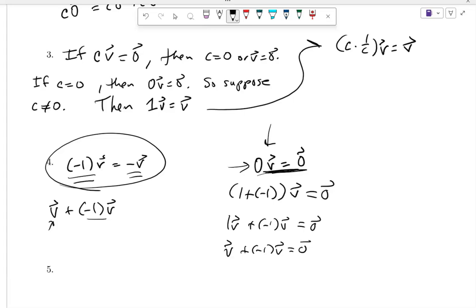Actually, I should have written it as 1 over C times C. I know that this is real number multiplication, so I can reorder it. We can now reassociate and get 1 over C times V. But what are we assuming? What's the hypothesis that we're assuming here? What's C times V equal to? 0. So now I have 1 over C times 0 is V, and certainly 1 over C times 0 is going to be the 0 vector.